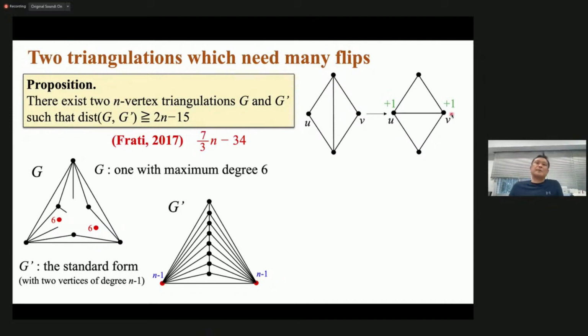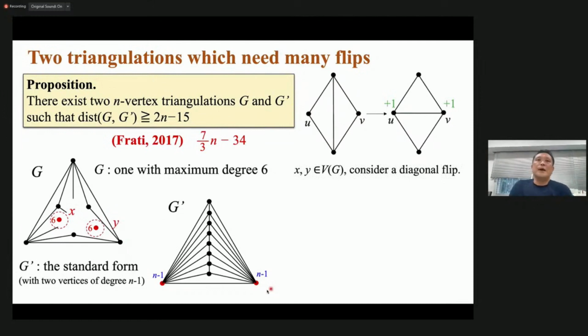So let's consider the flip distance of G and G prime. Since each vertex in G has degree at most 6, these two vertices become this and this. We may suppose this.